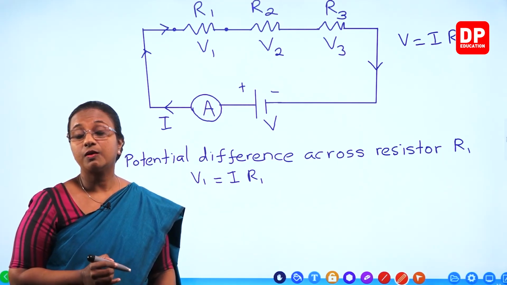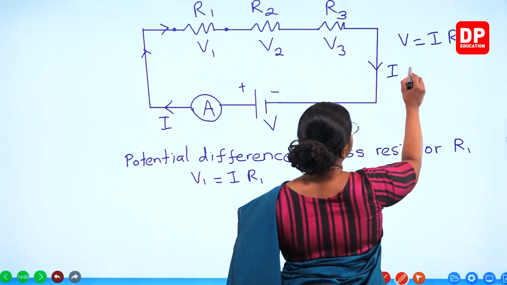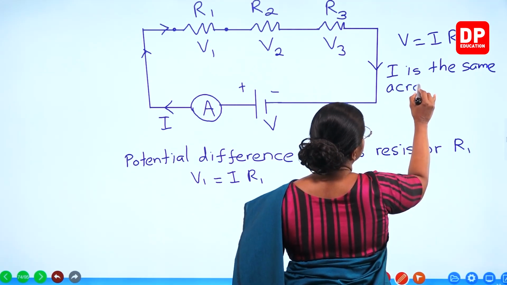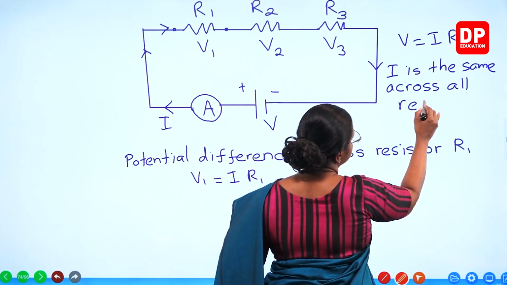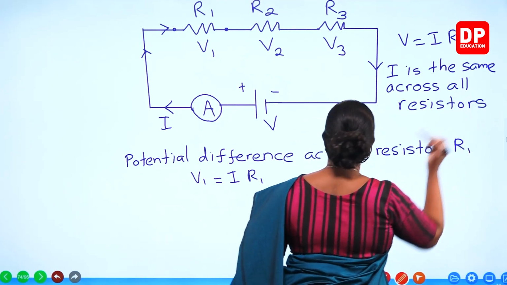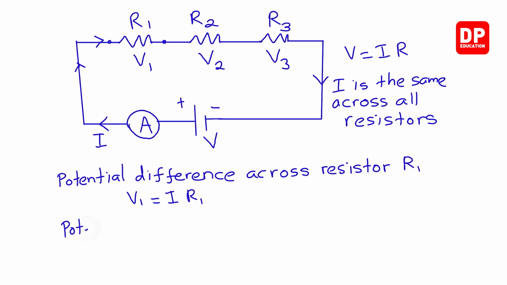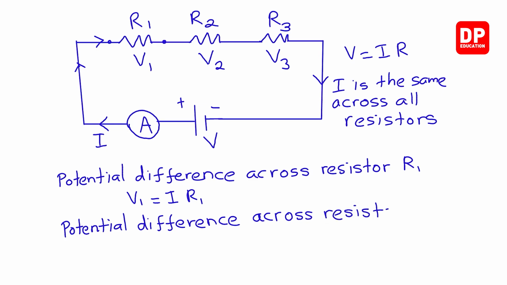I is the same across all resistors. Because of that, we take it as I. Then the potential difference across resistor R2 will be V2 equals I into R2.